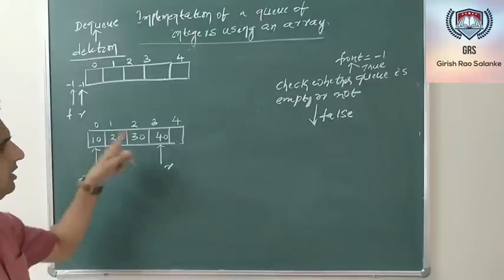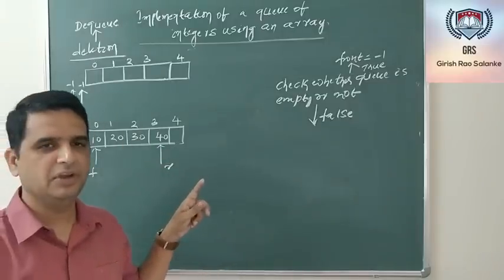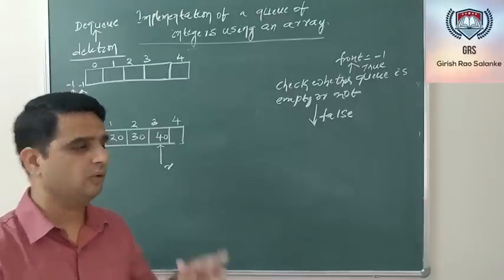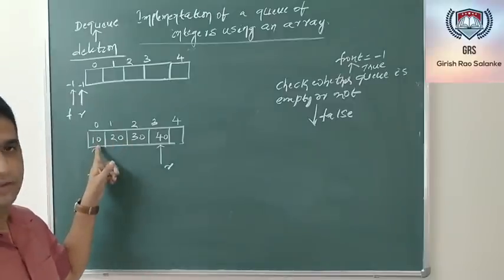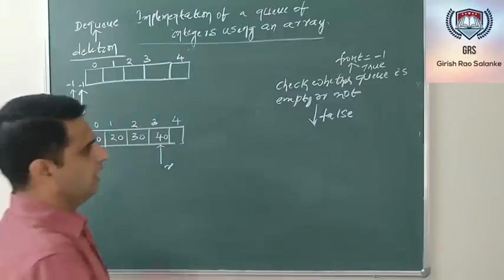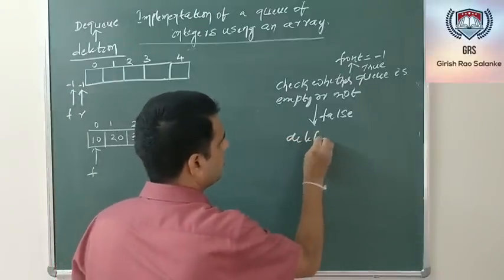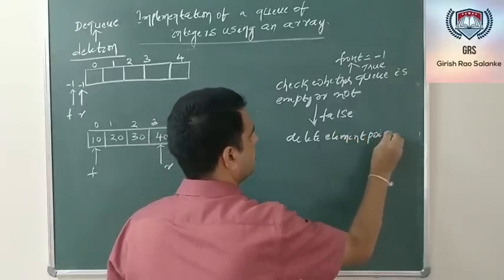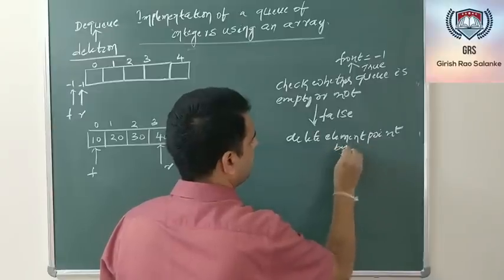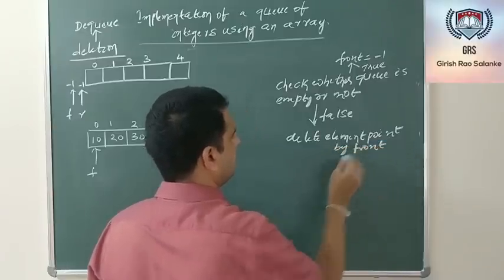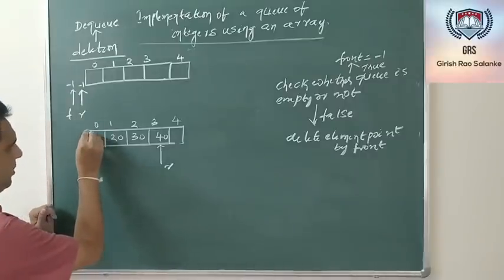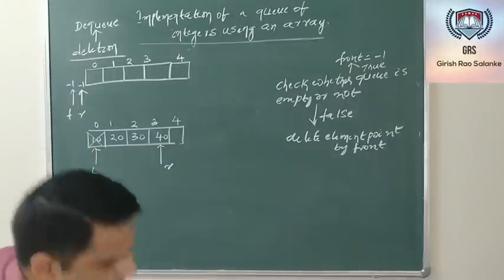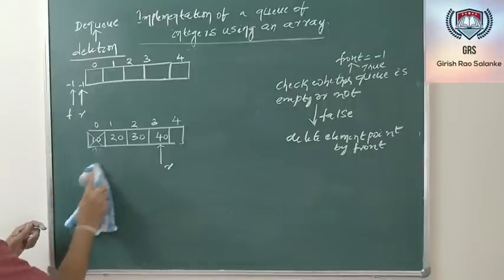Now, if I perform a deletion operation, by the definition of Q, I need to delete the element which was inserted first. The first element out of these 4 was a 10. So, what I need to do first is delete the element pointed by front. That is, I need to delete this particular element 10 and I need to update my front end.